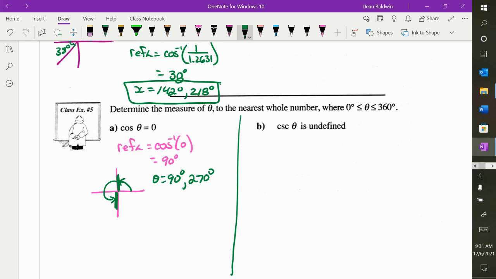All right. Cosecant theta is undefined. So why do the reciprocal trig functions have undefined points? Why does anything have an undefined point? You're dividing by 0, right? If I gave you 1 over x, what's the domain restriction?